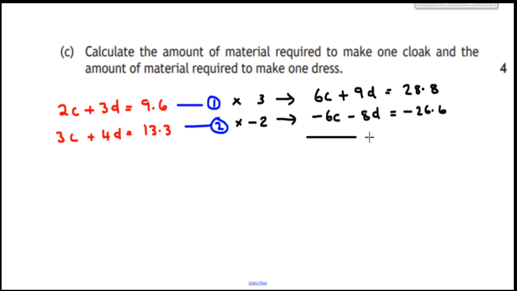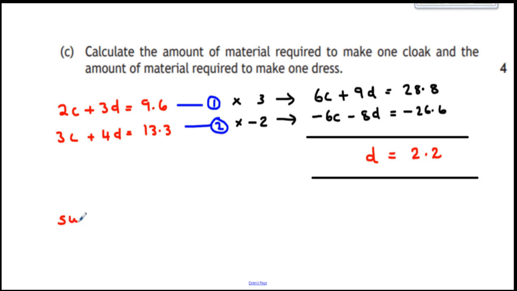Now, I want to add those 2 equations together. So when I add them together, C plus minus C is 0, and 9D minus 8D is 1D, and 28.8 take away 26.6 is 2.2. So the amount of material required to make one dress is 2.2 square metres.